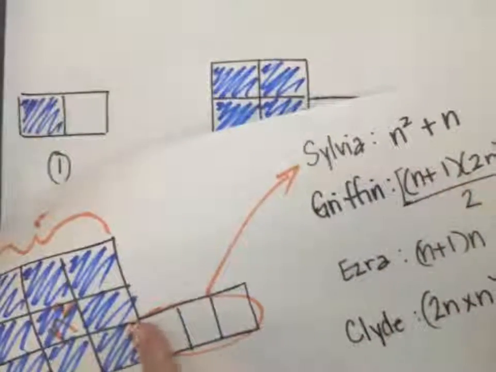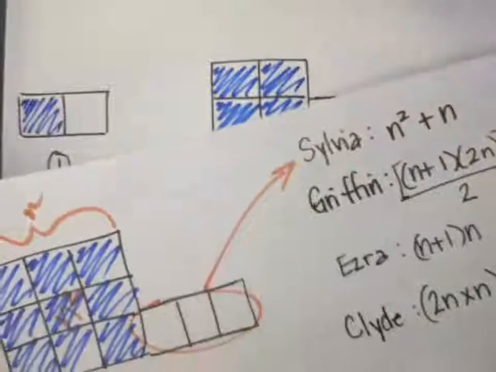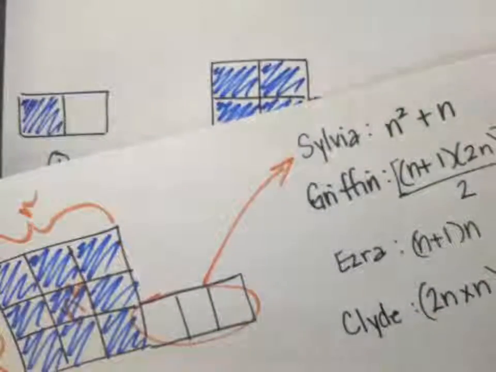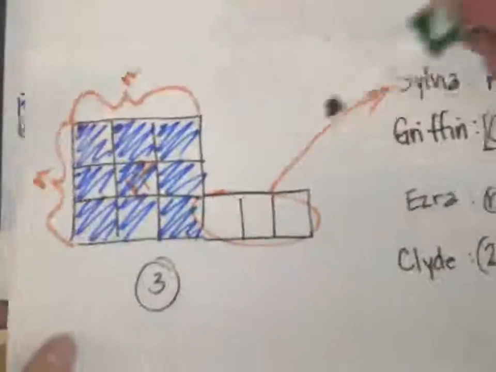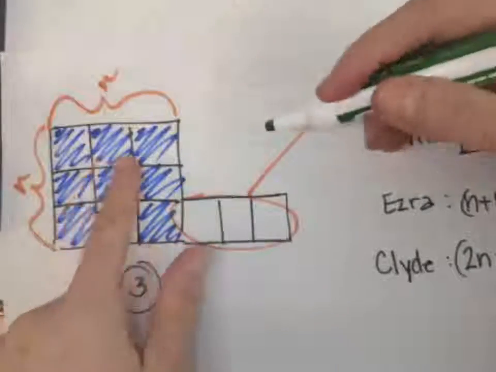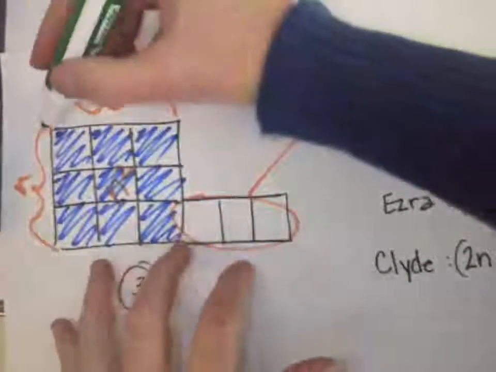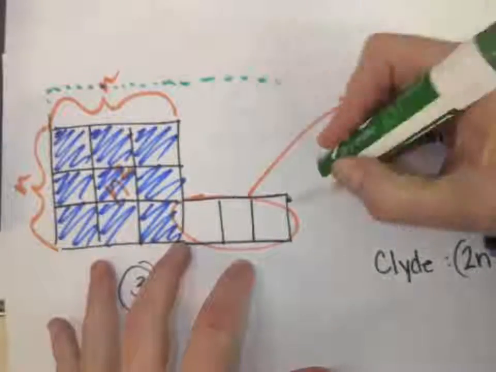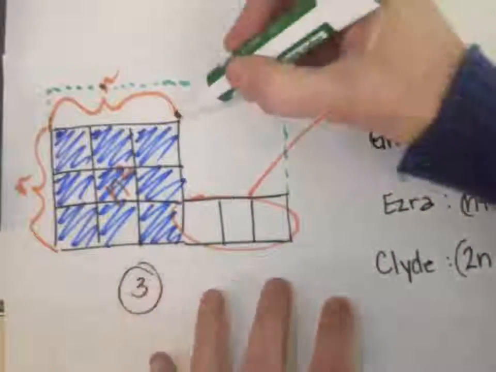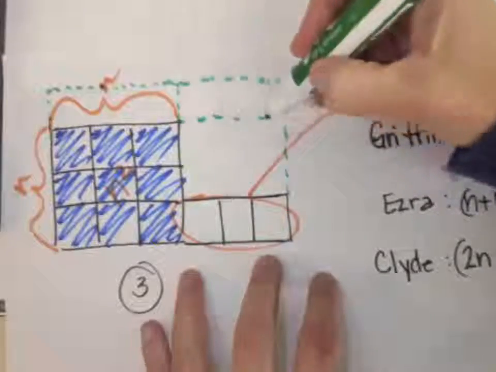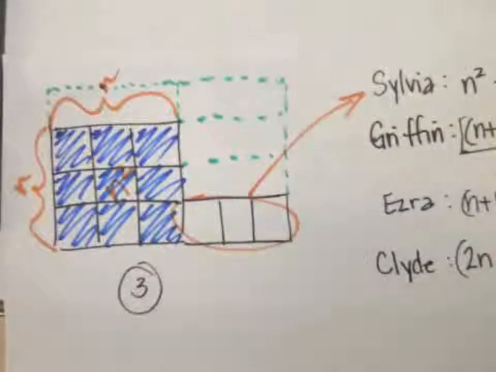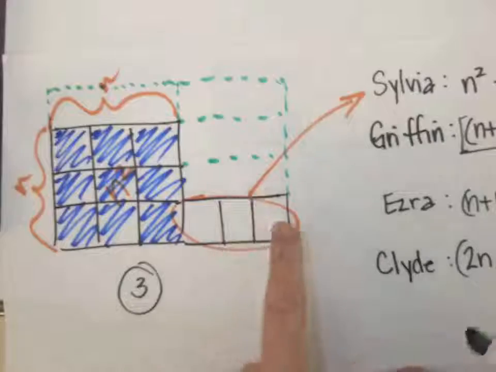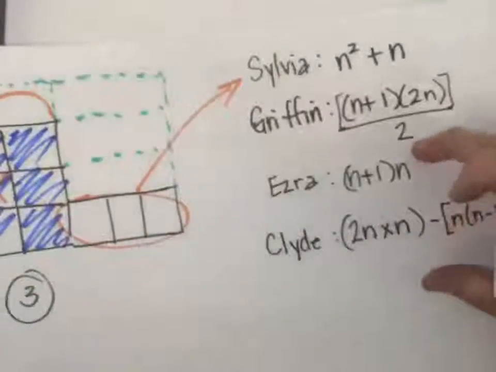So Griffin, just to see a different example, thought of this pattern as taking another copy of this and flipping it over. I'm going to do his in green. Hopefully you can see that. In other words, he thought of it like this: an entire rectangle, and then he would just chop that rectangle in half.